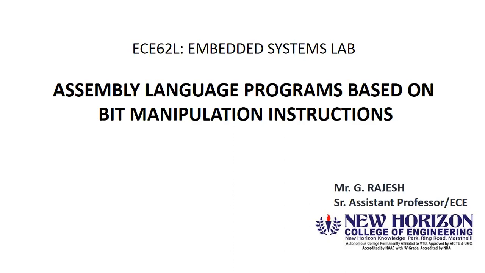So, in continuation with the bit manipulation instructions, in this session we are going to deal with the assembly language program for searching an element in a given data set.